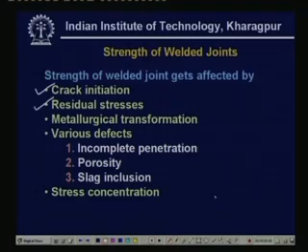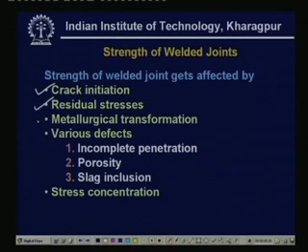Because of the non-uniform heating of the weldment, that is the parts which are to be joined by welding, sometimes we get residual stress, and this stress is very dangerous because it may lead to cracks, as I have told just now.